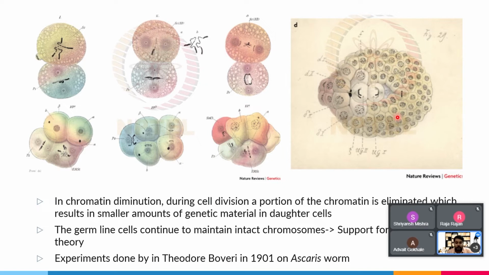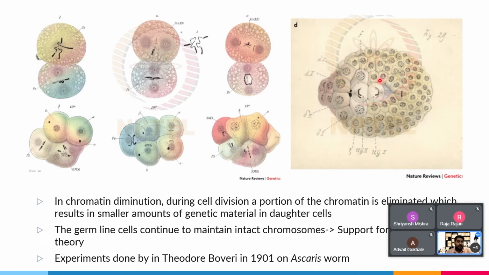This is what is known as chromatin diminution. The germline cells thus continue to maintain intact chromosomes, as we can see right here, which is essentially supporting the germplasm theory, which says that the germline cells are what carry information from one generation to the other, and thus they carry the entire information.